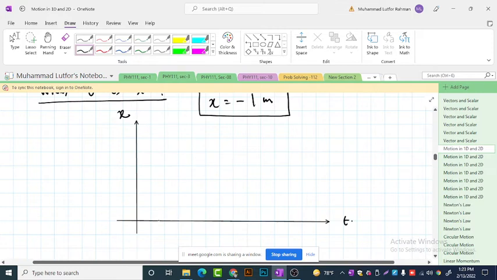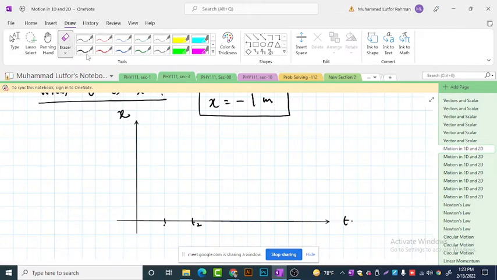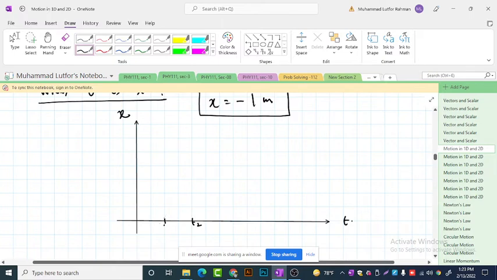Now say this is t equal to 1 second, this is 2, this is 3 seconds, this is 4 seconds, this is 5 seconds, this is 6 seconds, and this is the 8, and this is your origin.